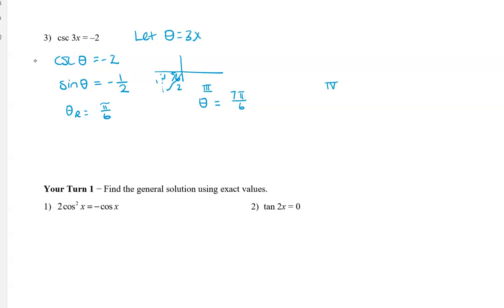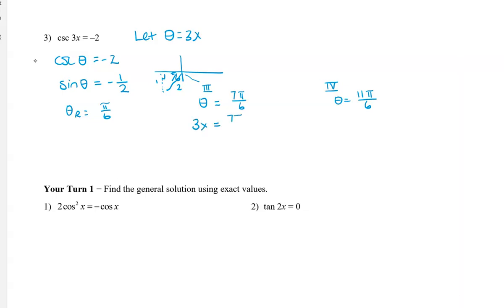And then the angle in the fourth quadrant will be 2 pi minus pi/6. So that means that theta is equal to 11 pi divided by 6. Now remember, we're not solving for theta, we're actually solving for x. So we're going to resubstitute this back in.